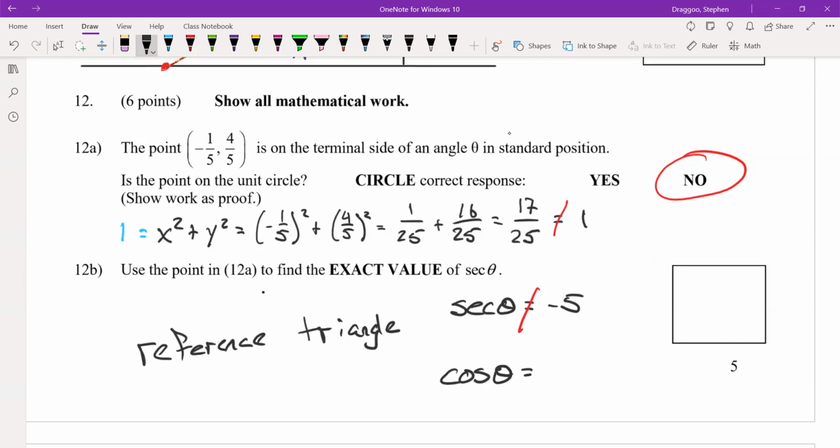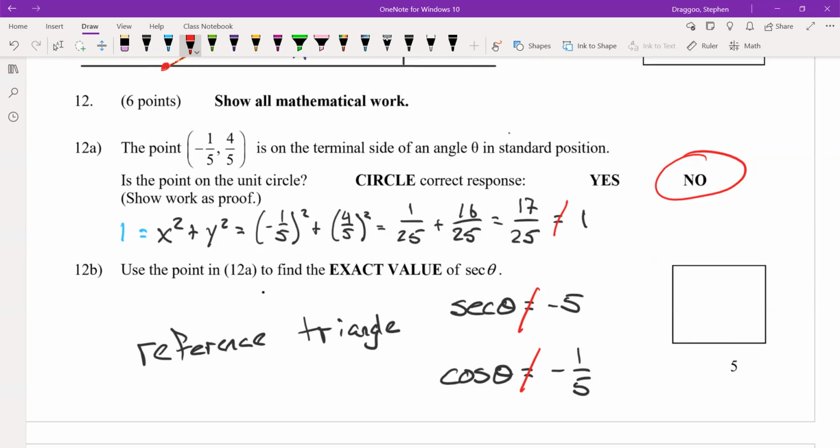Just like cosine of theta is not equal to -1/5, even though the x value of our point is -1/5. Cosine itself won't be -1/5 here.